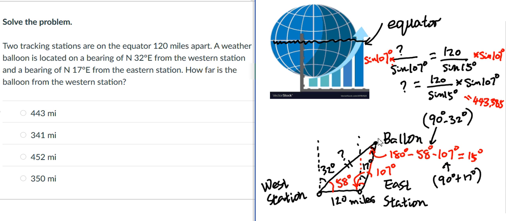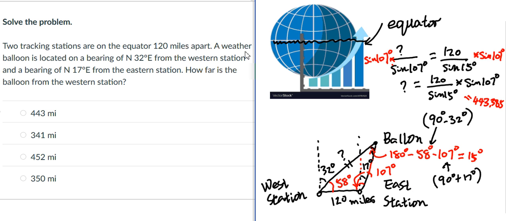So there is a balloon right here, which is located on a bearing of north 32 degrees east from the western station. If we have a map, by convention, pointing up is the north, pointing down is the south, pointing left is west, and pointing right is east.